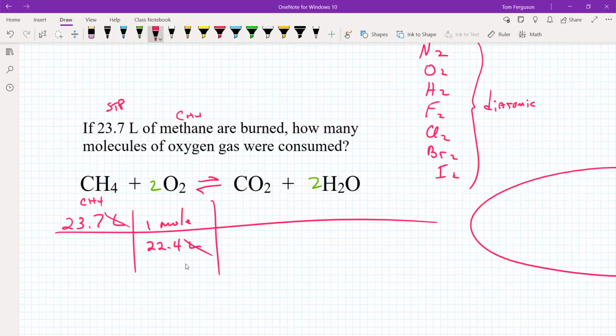So that's going to be a 1-to-2 ratio again. And now we want to know how many molecules. That's Avogadro's number.